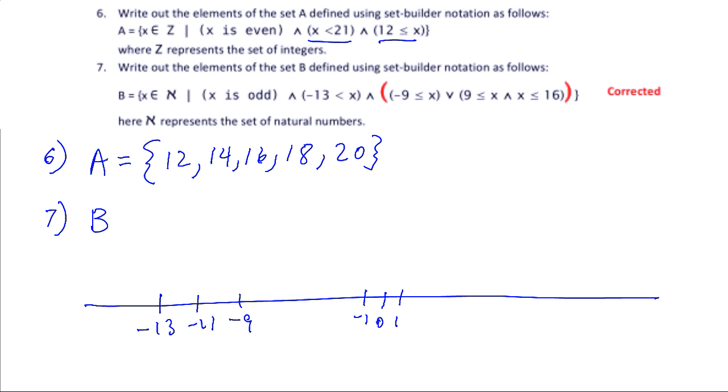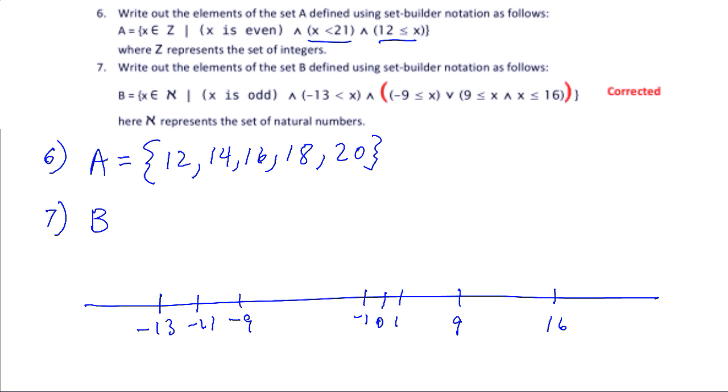I'm not trying to draw this to scale, but we're interested in negative 9, we're interested in 9 also, wherever that is, and I'm interested in 16. It has to be odd, and it has to be greater than negative 13, so it would be from negative 11 on up.